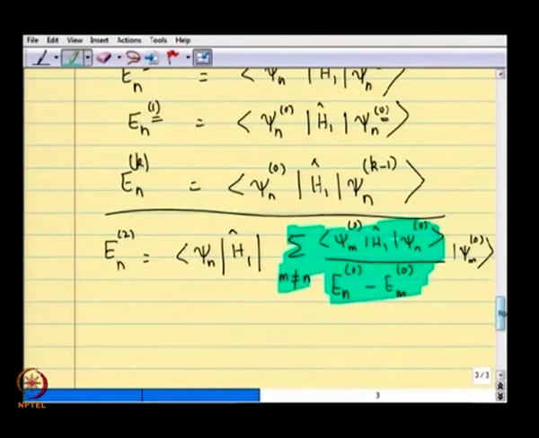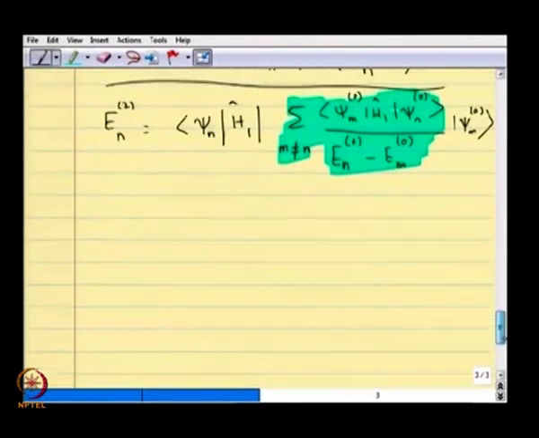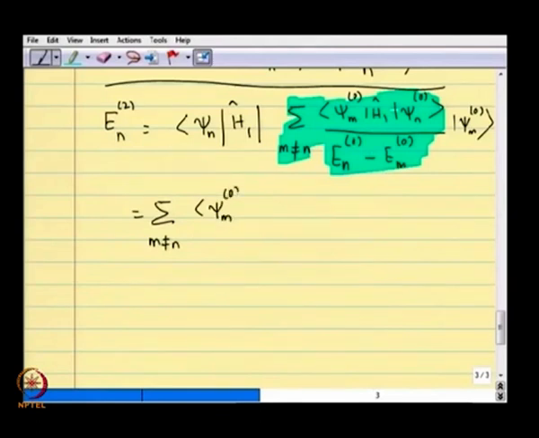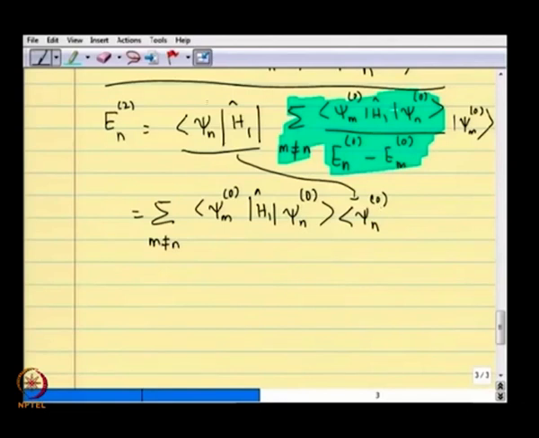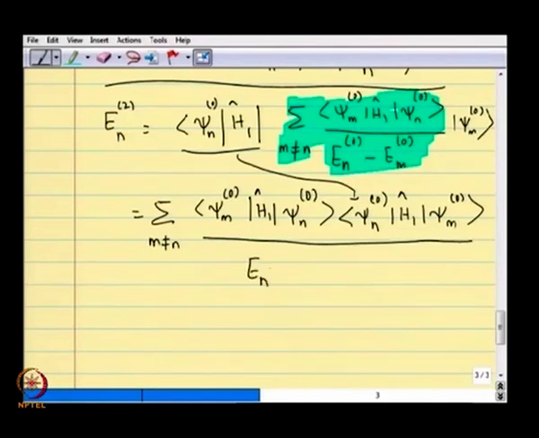Therefore, you can immediately take that out and write this in a more compact form, namely sum over m not equal to n psi m0 h1 psi n0, and then we will write this part here, namely psi n0 h1 psi m0 divided by E n0 minus E m0.